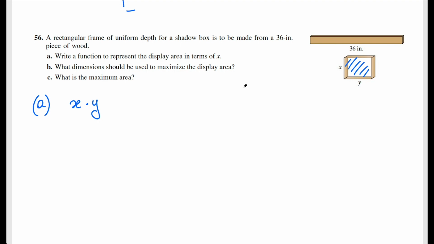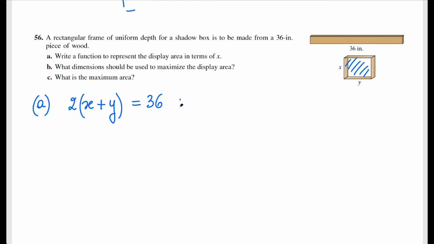So twice x plus y should be 36, right? I'm establishing a relationship between x and y. So hope this is clear. One more time. I know that the sum of all the sides should be 36 because that's the piece of wood that I'm making the frame out of.